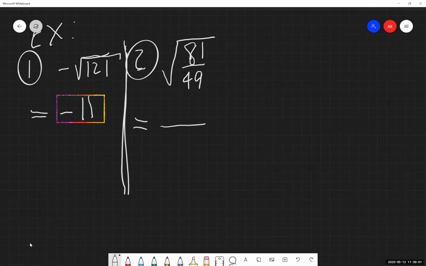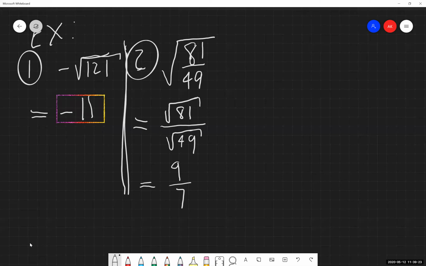So you can rewrite this for yourself as the square root of 81 over the square root of 49. Work with those separately. So the square root of 81 is 9, and the square root of 49 is 7. And then again, we have a fraction answer.